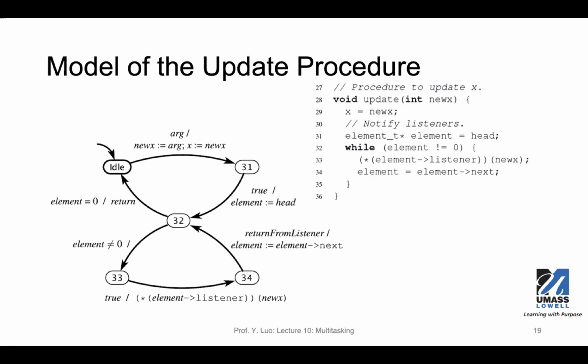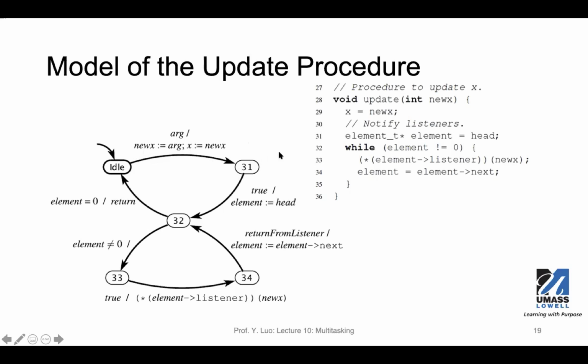When we have an argument, we will go to here. So we'll assign this argument to new x because somebody else called this function, and then the new x is assigned to this other variable x, which actually we don't use during these several lines.